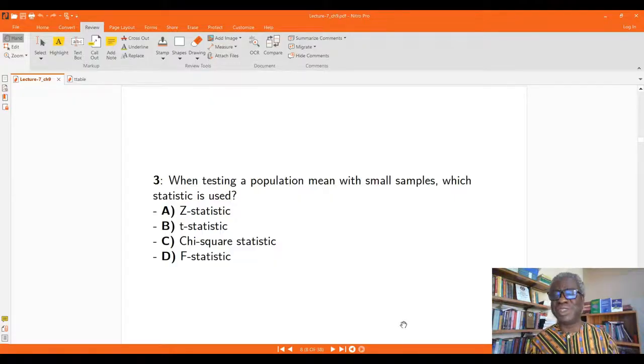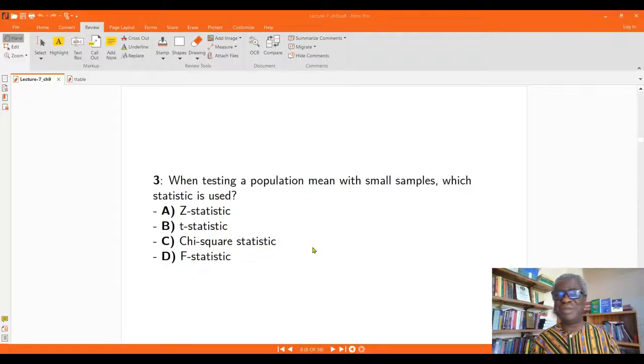Everybody should be able to get this. A, Z statistic, B, T statistic, C, chi-square statistic, and D, F statistic.